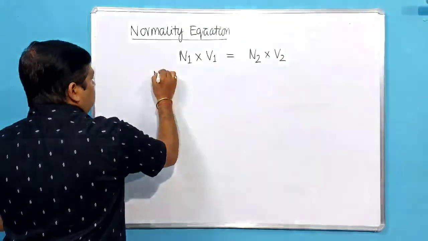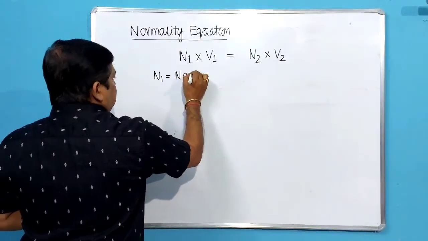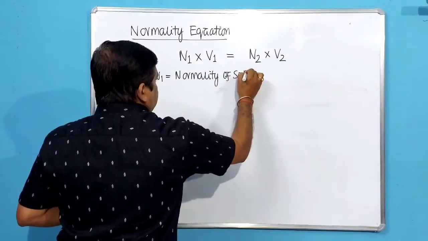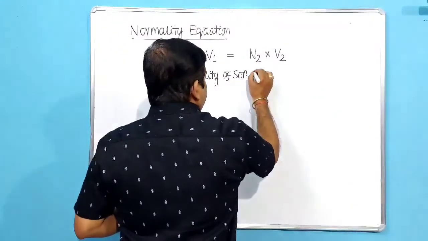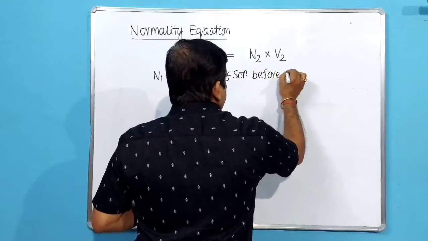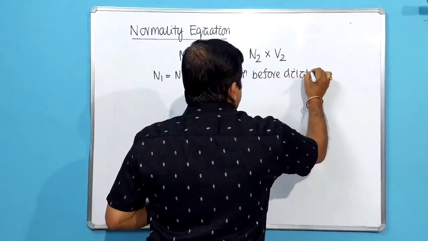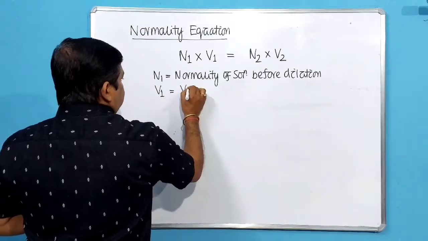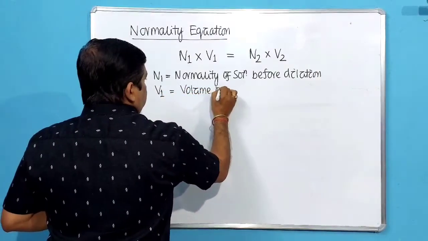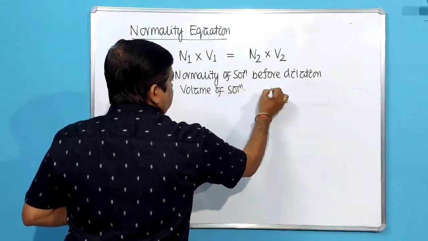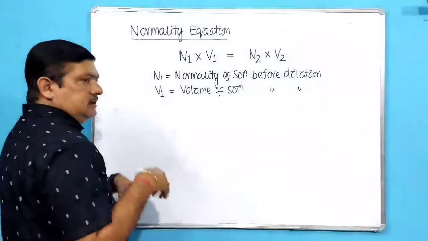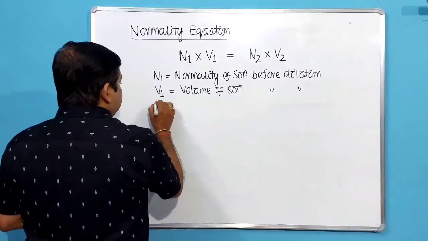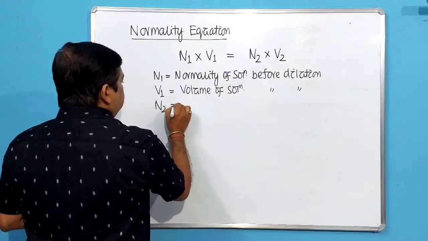Where N1 is the normality of solution before dilution. Similarly, what is V1? Volume of solution before dilution. Then, when it will be diluted, that means we will be adding water to it or we will be adding the solvent to it. Then the normality will change to N2.